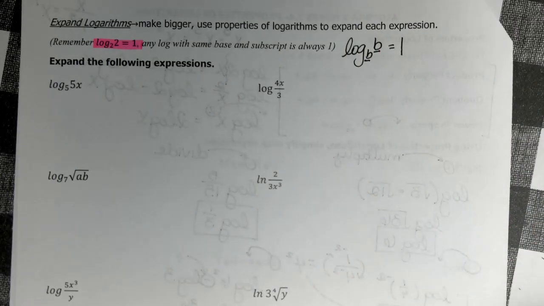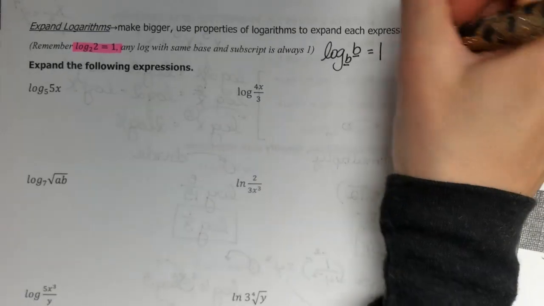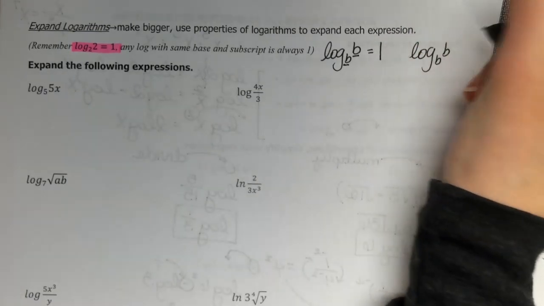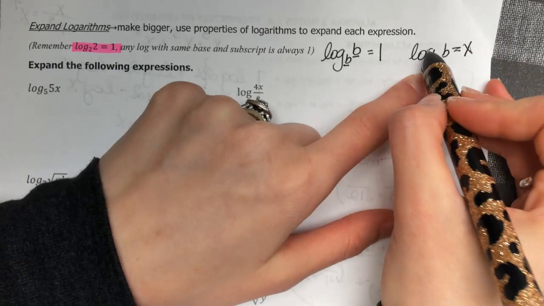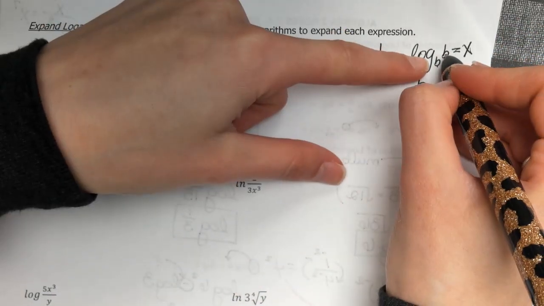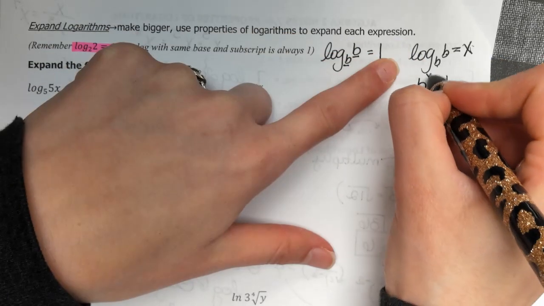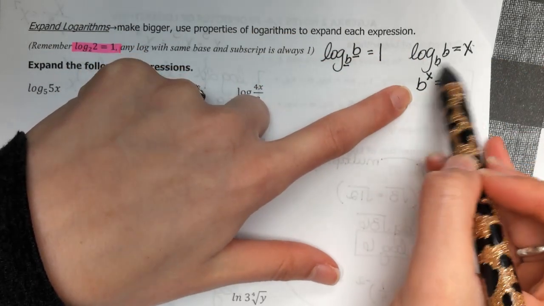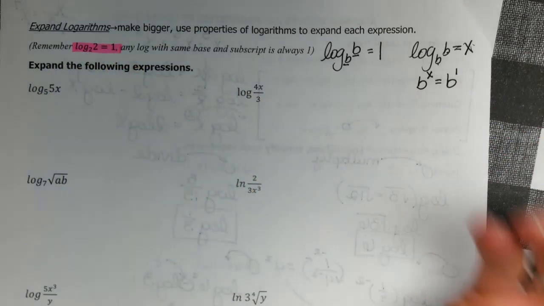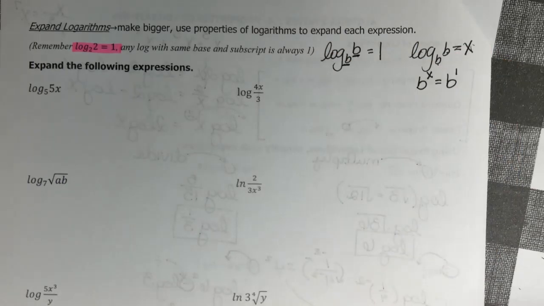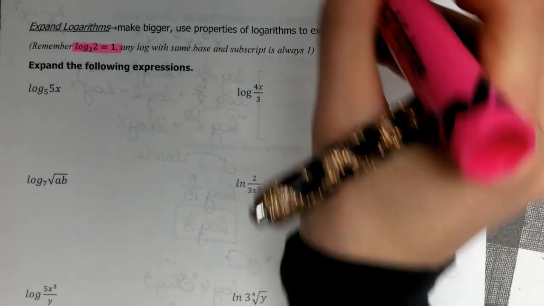The algebra behind it is because if I put log base b of b equal to x, so if I evaluated that, so last lesson we evaluated by setting it equal to x, and then exponential form, log base, my base is b, solution equals exponent. If I set it in exponential form, then that x is equal to 1. So anytime you have these same values right here, whether it's 1 million or 2, it's going to always equal 1. Okay? You are going to have to memorize this.